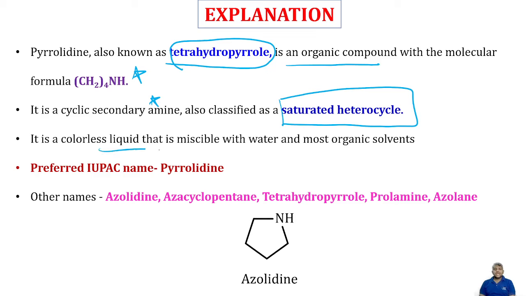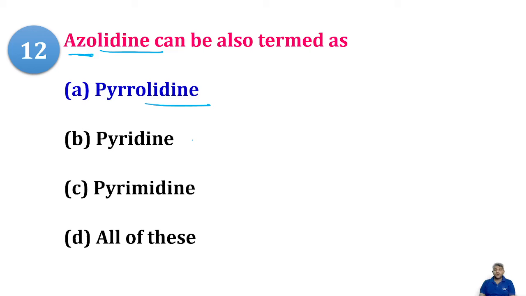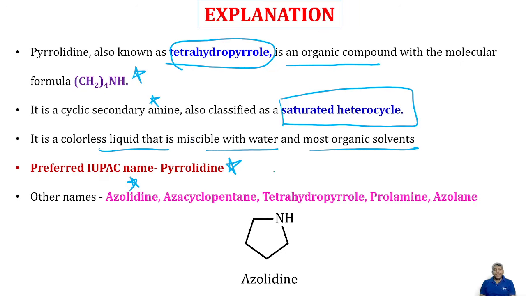It is a colorless liquid that is miscible with water and most organic solvents. Pyrrolidine is the actual name, and tetrahydropyrrole is the other name. The other name of pyrrolidine, azolidine, is what was asked in the exam question, and it is also known as azacyclopentane. Other names include pyrrolidine or azolane. That is the structure of azolidine.